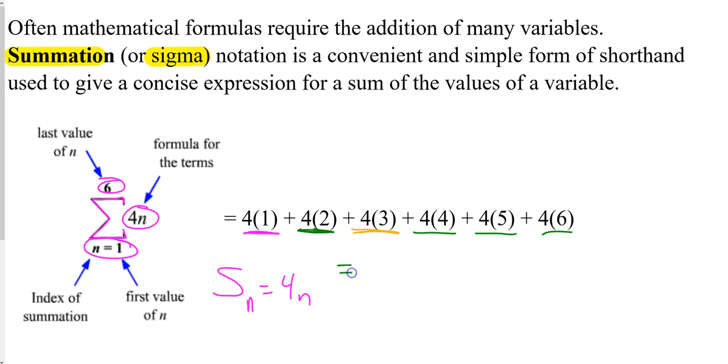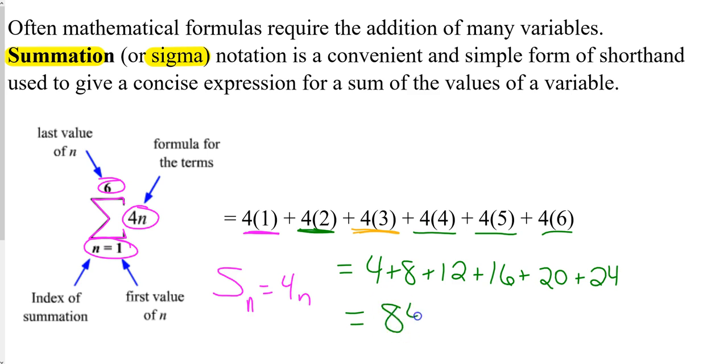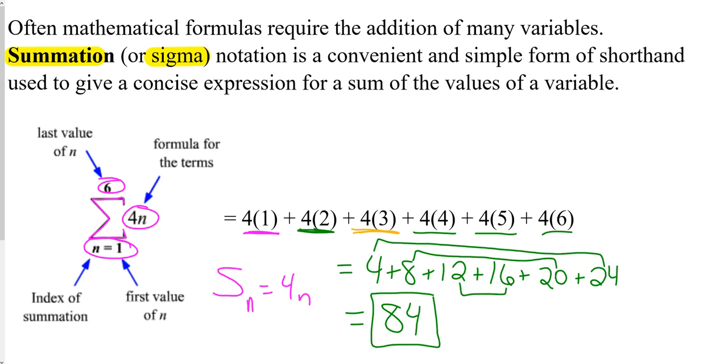So then I would simply take 4 plus 8 plus 12 plus 16 plus 20 plus 24. And we could plug that into a calculator, or we could just take 28 times 3, which is 84. I got the 28 from adding 4 and 24. You can see all these pairs add up to 28.